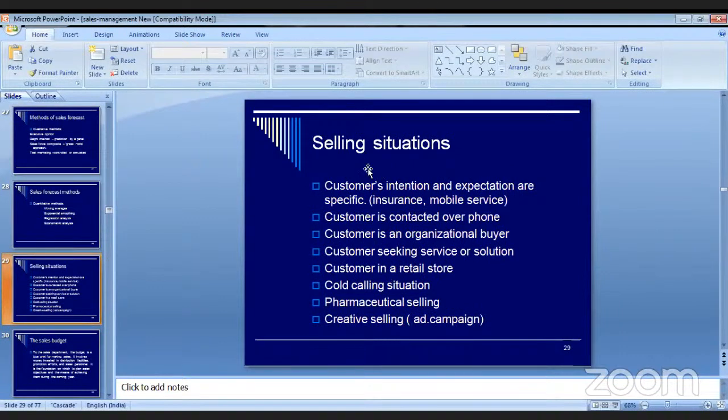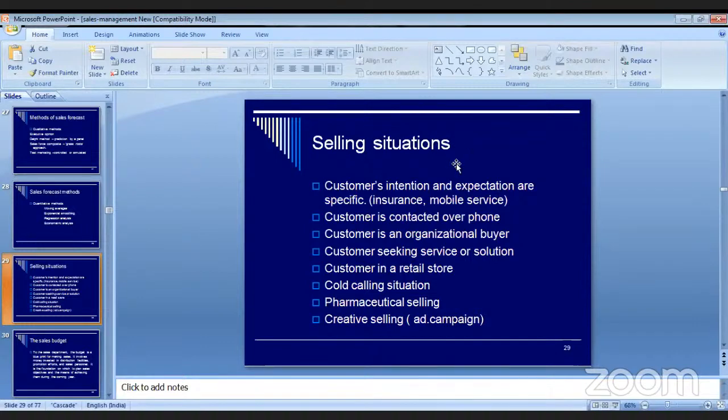Then selling situation and what aspect: cold calling situation, and different product selling method situations. First one is customer intention. You are ensuring the intention of the customer; if they are interested then you are approaching, considering different factors, then you have given a phone call, you are contacting.